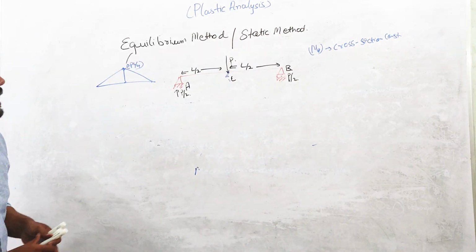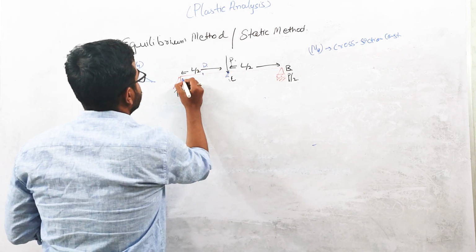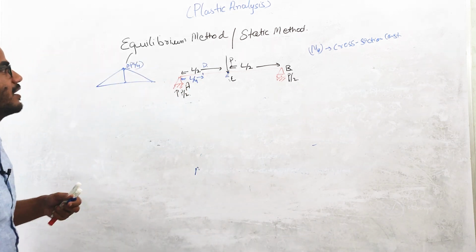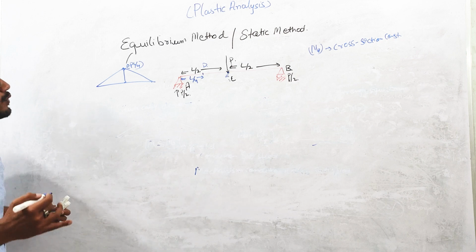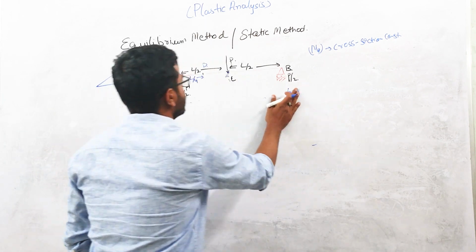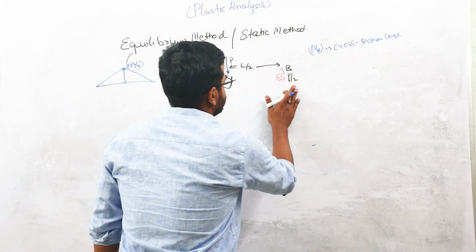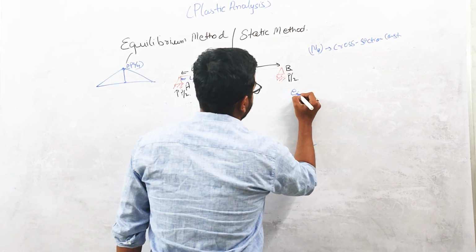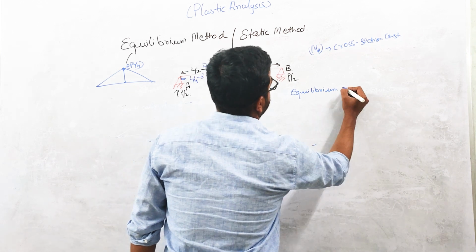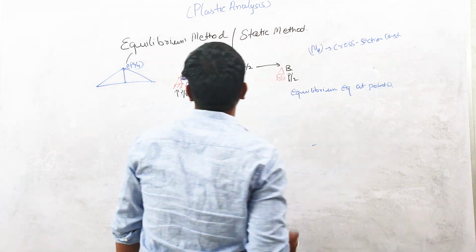Someone can ask why we are writing the equilibrium equation at point C. Let us suppose I write the equilibrium equation at this point D, which is at L by 4.